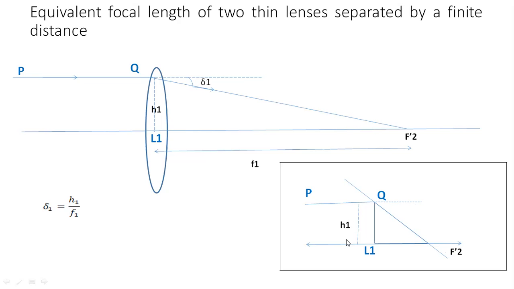So PQ and L1 f2 dash are two parallel straight lines. Another straight line QF2 dash cuts those parallel straight lines. Then QL1 is a straight line, and you get a right angle triangle QL1 F2 dash.